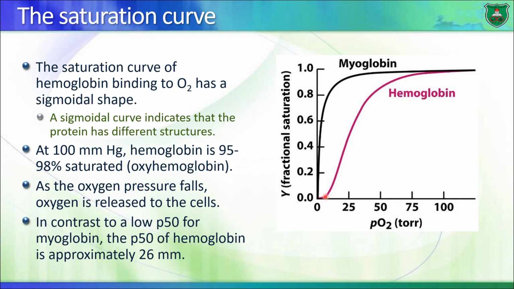Very smart. Okay. And it turns out that the P50 of hemoglobin towards oxygen is about 26 torr, or millimeter of mercury. So it's around here. But the pressure in tissues is higher, by the way. It's about 30 to 40.